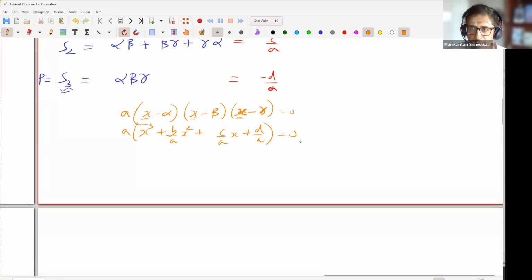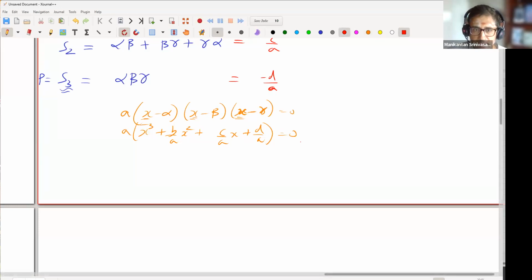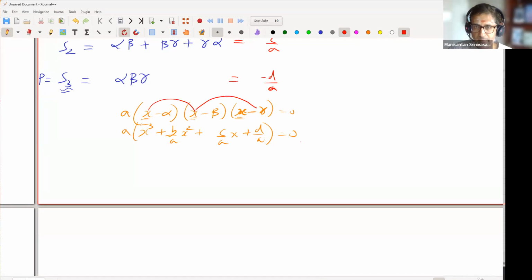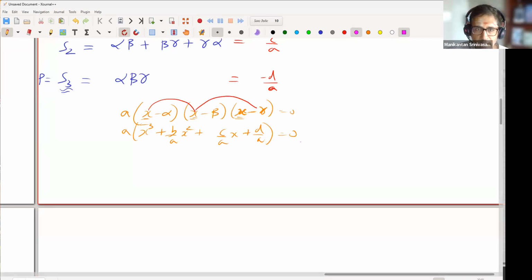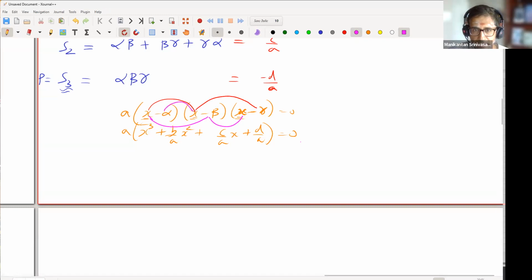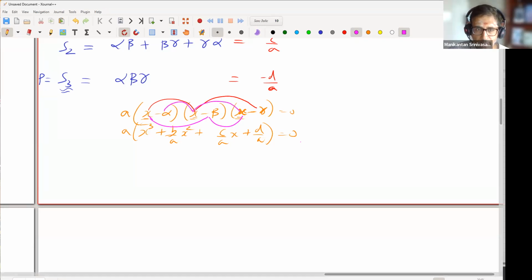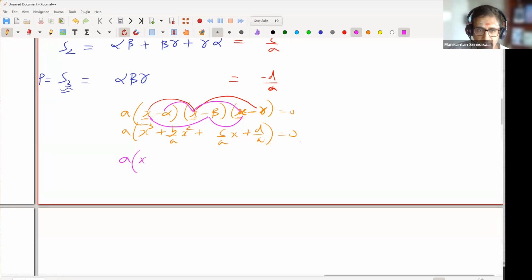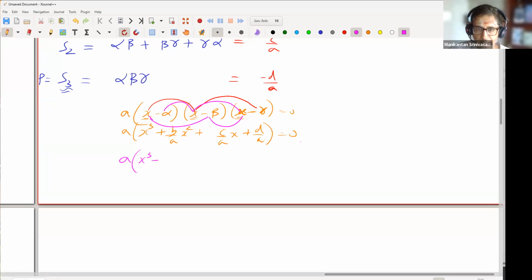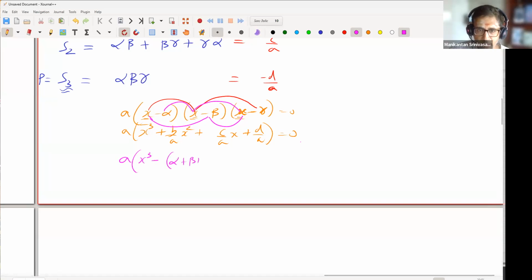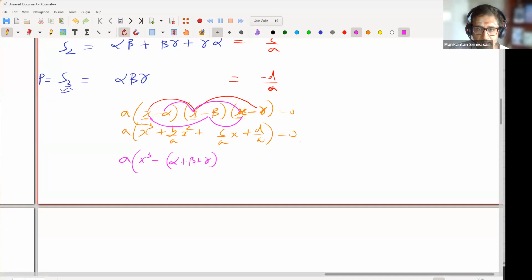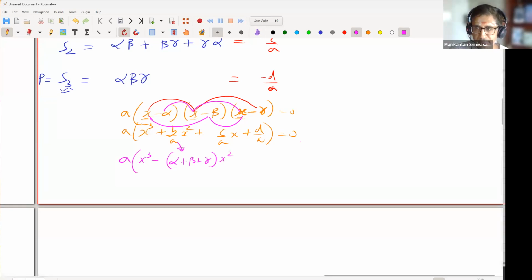X squared comes from 2 of the x's multiplied by a constant, which in this case is minus gamma, or 2 of the x's multiplied by minus beta, and similarly, minus alpha multiplying this x and this x. So in other words, the x squared term is got by minus alpha and minus beta and minus gamma. Which is why alpha plus beta plus gamma becomes this, minus b by a.